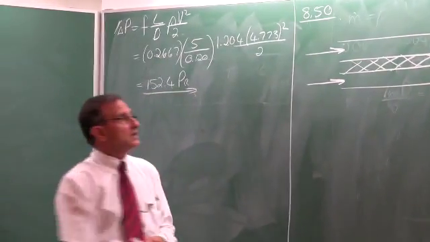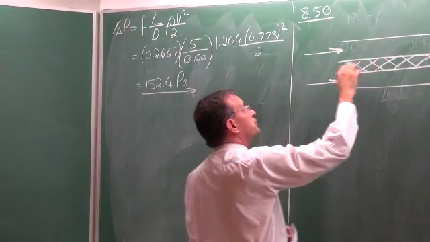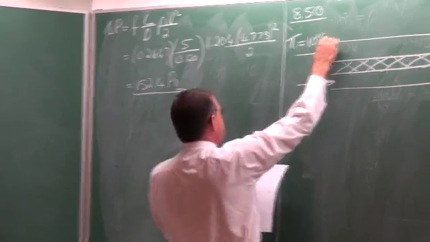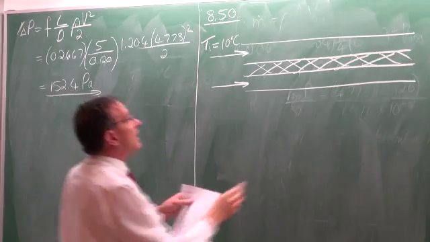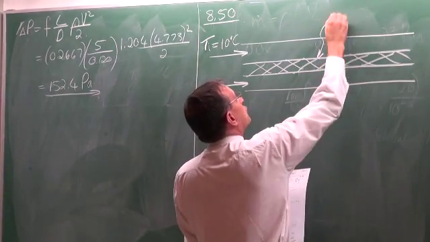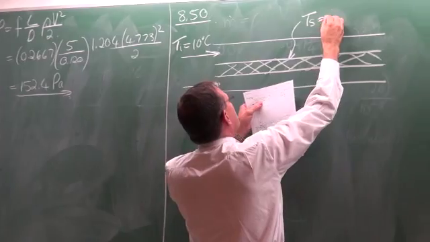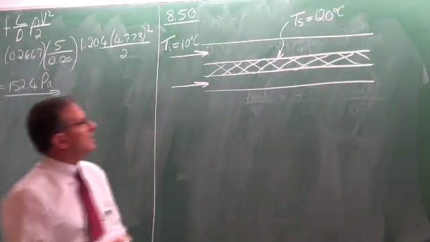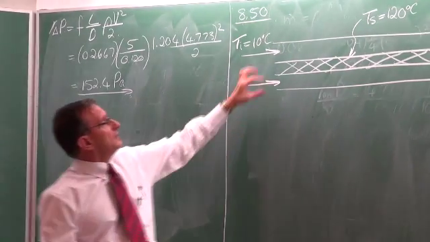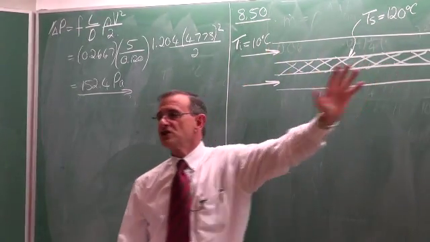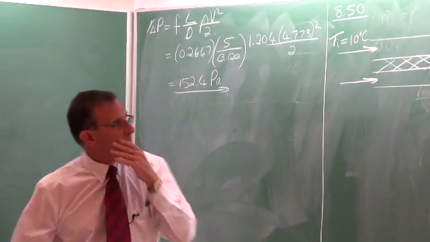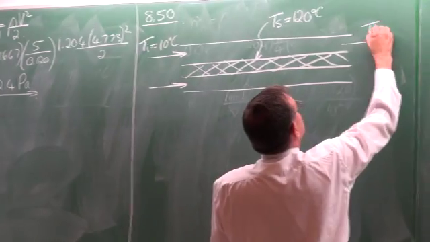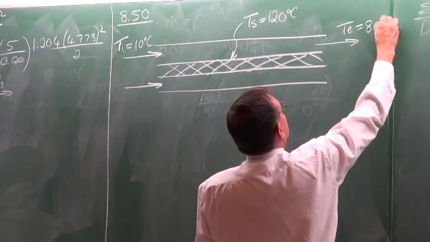Okay, so in the spacing between these two tubes, and the inlet temperature is equal to 10 degrees Celsius, and this surface is being kept constant at a temperature of 120 degrees Celsius. Okay. That would typically occur if in this inner tube we have condensation or boiling. The outlet temperature is 80 degrees Celsius.